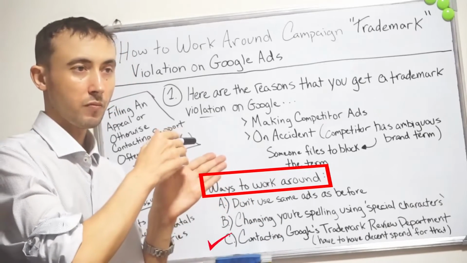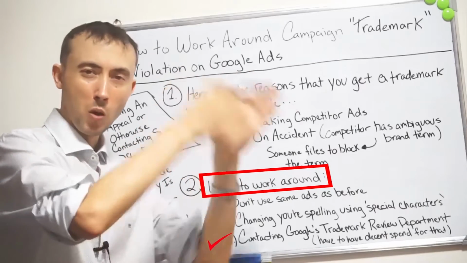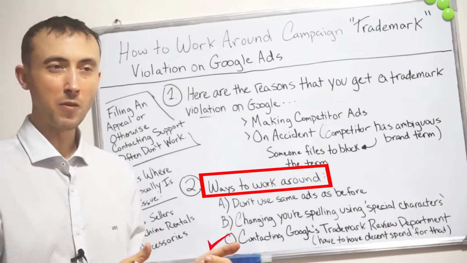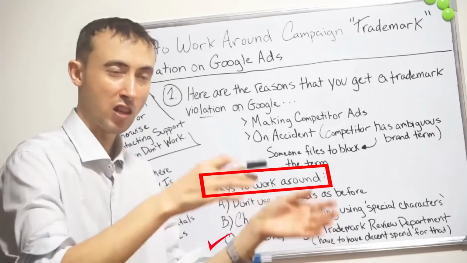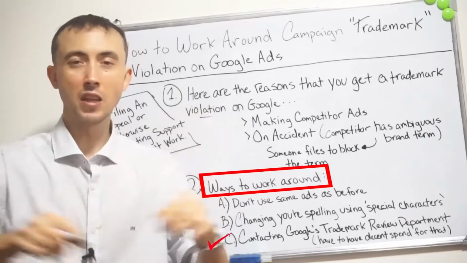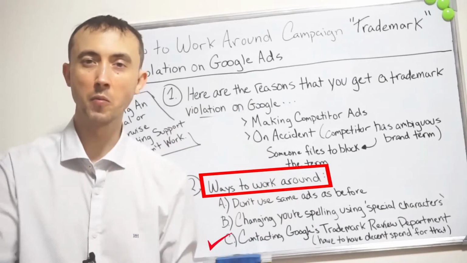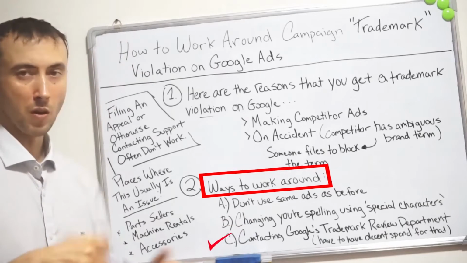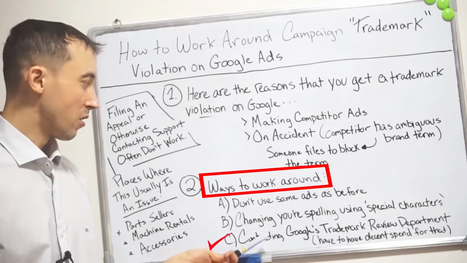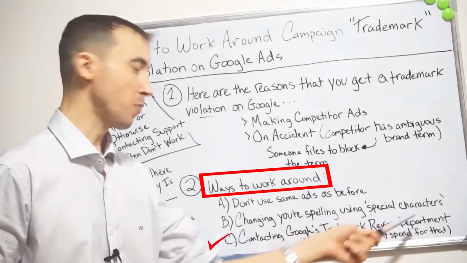So at least you're getting most of what you want done as far as the user recognizing what you offer there on the ad, and not getting the trademark violation. And for what little bit of confusion with your user that's left, when they get to the site that's instantly resolved for them. So you get why I would want you to do that. Anyway, the other thing that you can do is contact Google's trademark review department.